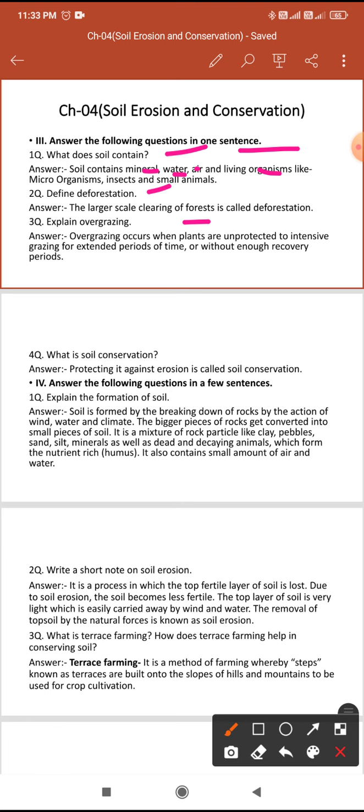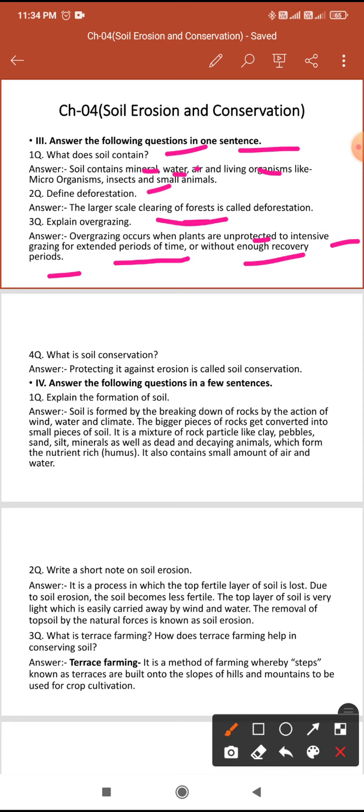Okay, the next is overgrazing. What is overgrazing? Overgrazing occurs when plants are exposed to intensive grazing for an extended period of time or without enough recovery period.